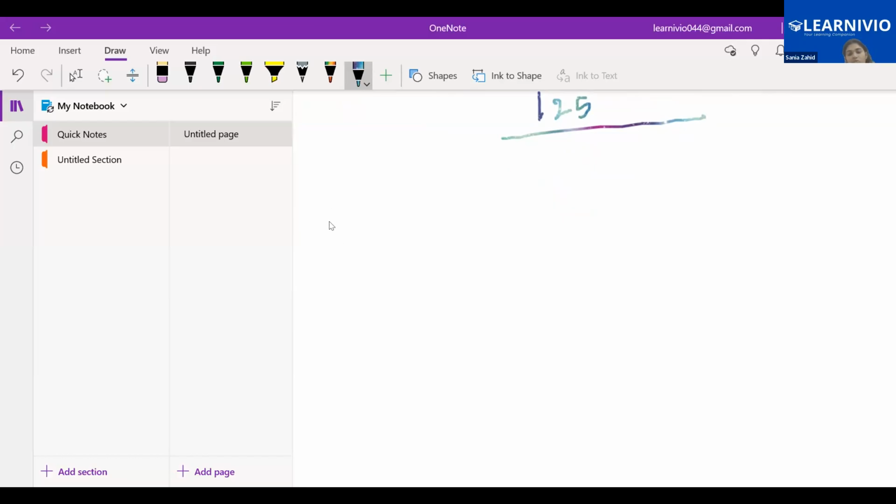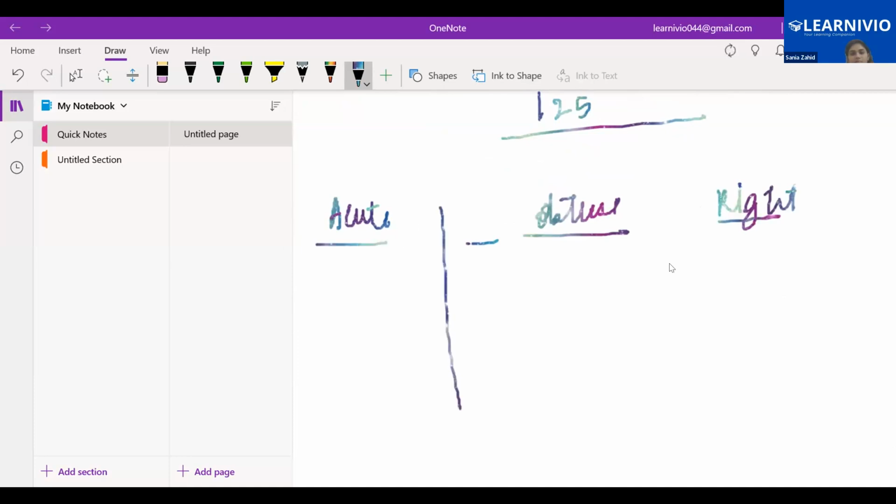Now, next you have. Do you guys know what is the meaning of acute and obtuse angles and right angle? Do you know the meaning of these three? Does anybody know the meaning of these three angles?